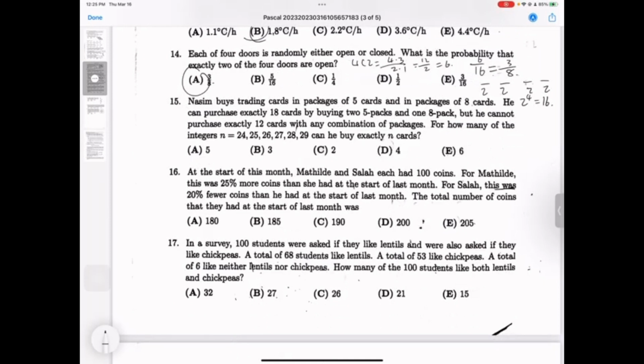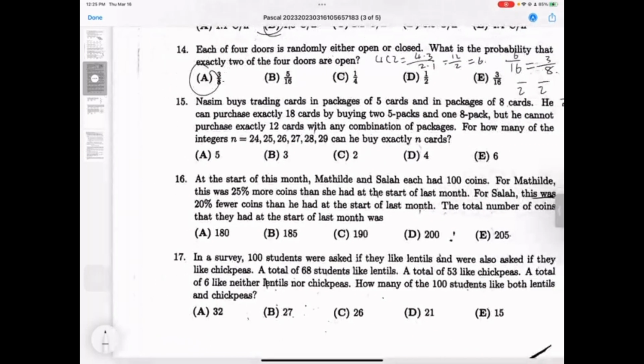15. So we just try them out. Let's start from 24. We know that 24 is 3 times 8, so that works. And 25, that is 5 times 5, so that works. 26, 2 times 8 is 16, and 2 times 5 is 10, so that works. 27, I don't think it works.